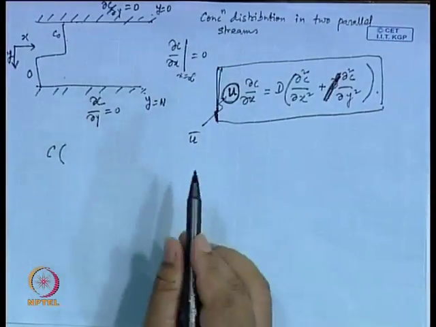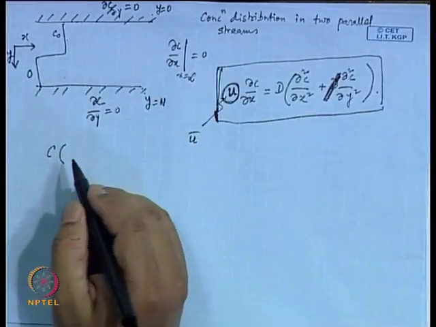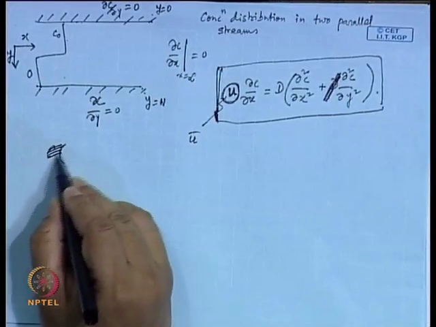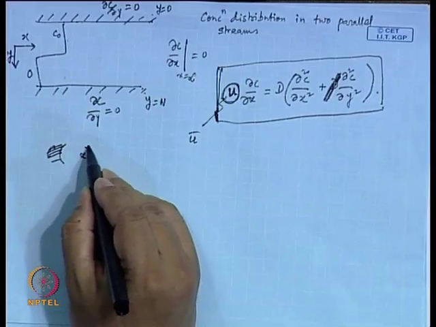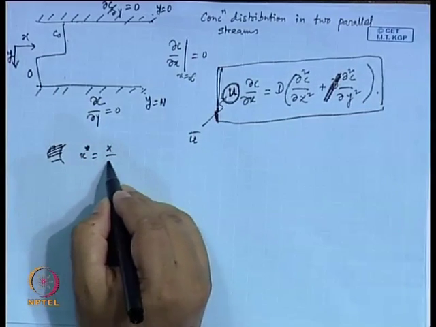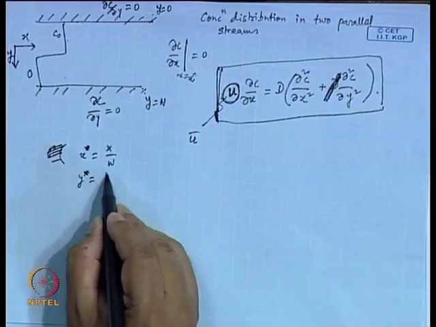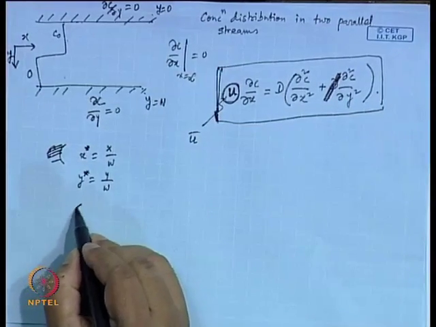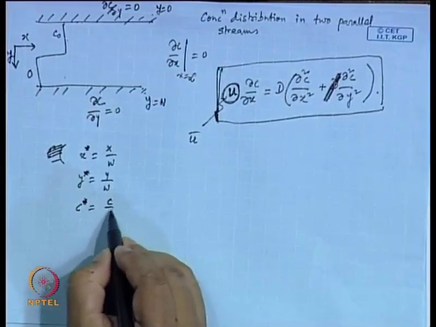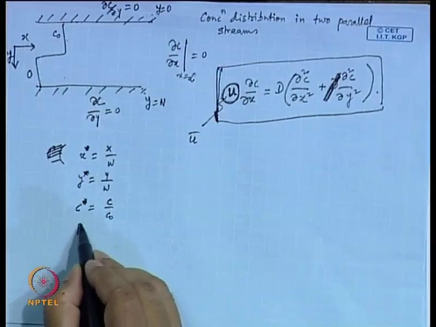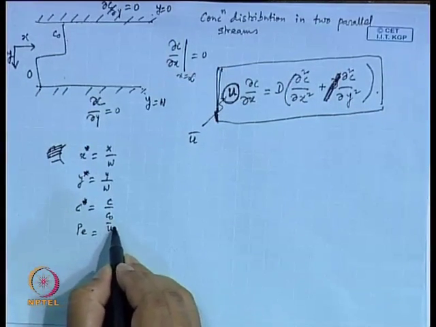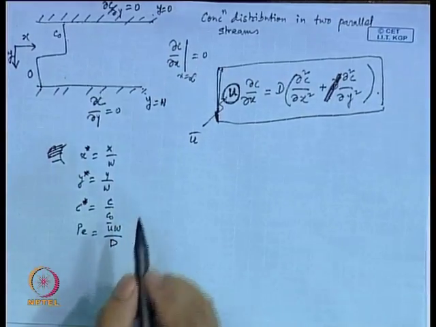Now, if we introduce some dimensionless variables here, say for example, x star which is equal to x by w, y star which is equal to y by w, c star which is equal to c by c 0, and Peclet number which is u bar w by d.